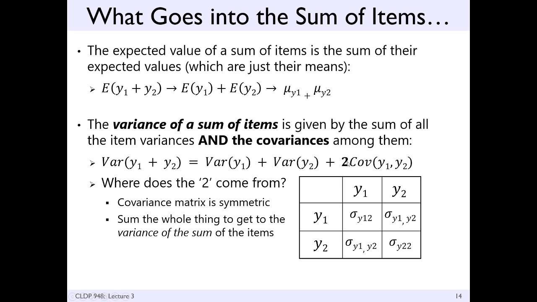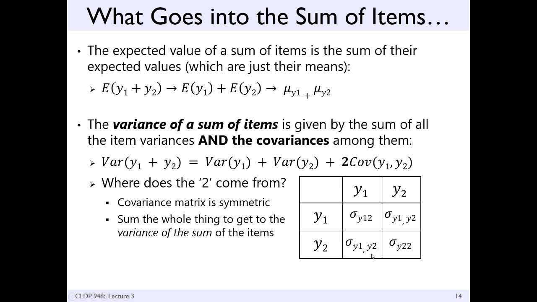And it always ends up with a 2 multiplying that, and the way that I remember that is because if you picture a covariance matrix, it's symmetric. So this spot right here, row 1, column 2, is the same as row 2, column 1.